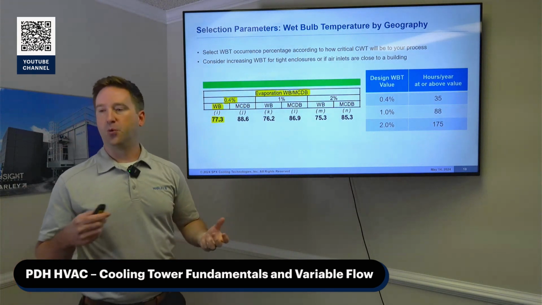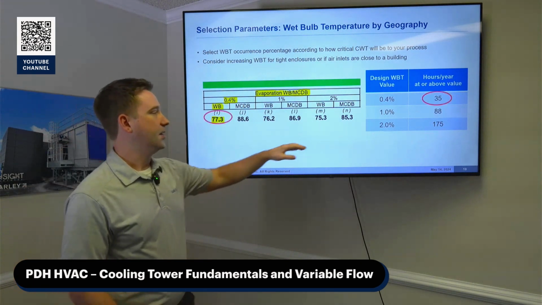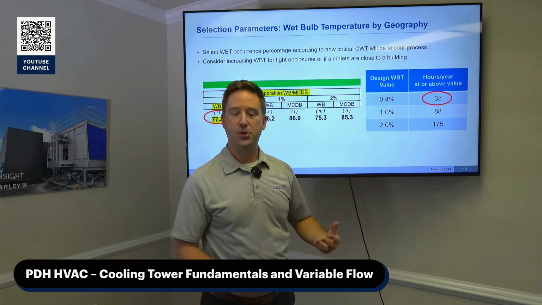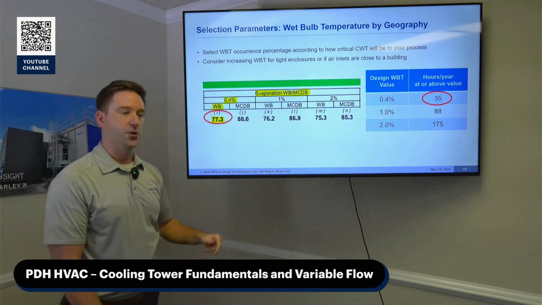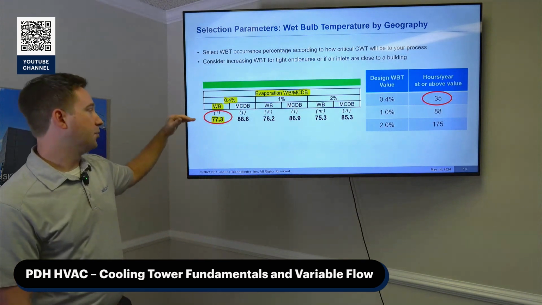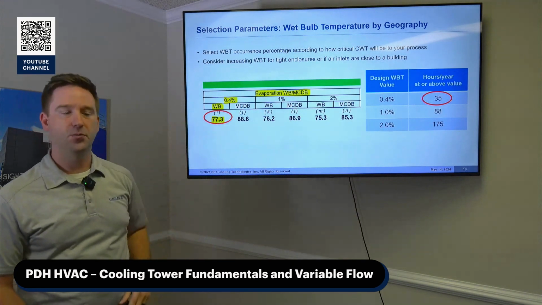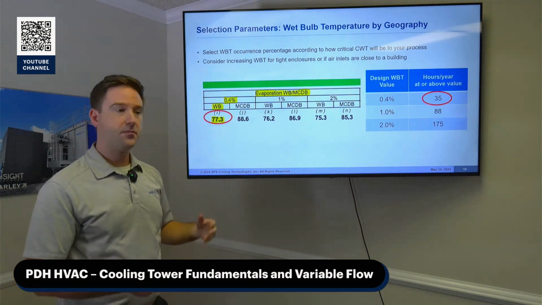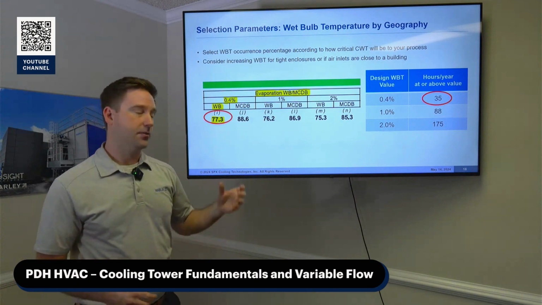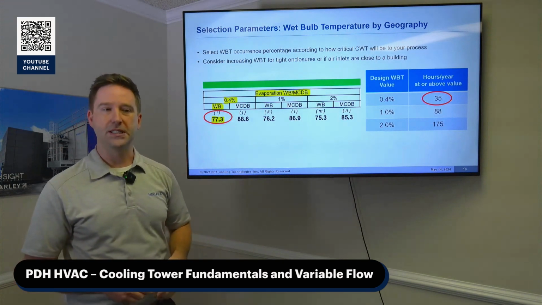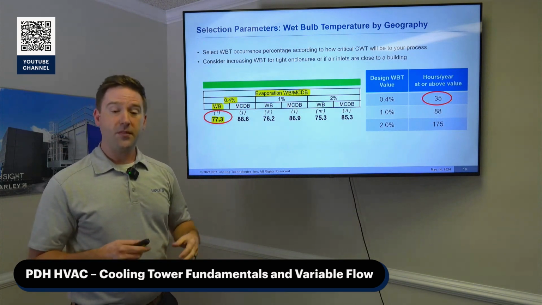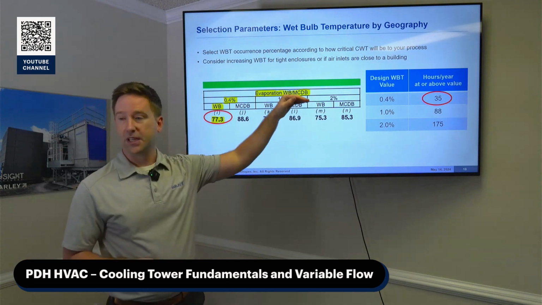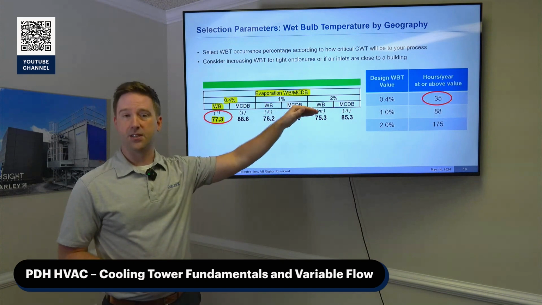Now, what does that 0.4% mean? Look over here. Basically it's saying 0.4% of the year, or 35 hours out of the year, your wet bulb temperature will be at or above 77.3 degrees. So if you're designing your cooling tower for that 77.3 degrees at a 0.4% design wet bulb, it means that 35 hours out of the year, that cooling tower might not be meeting its design duty.